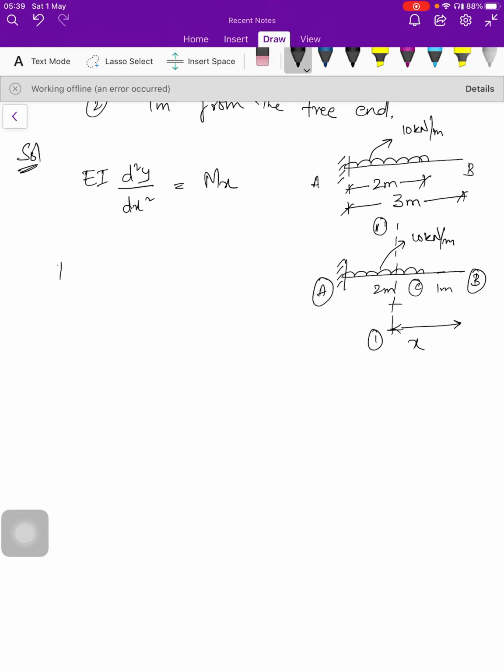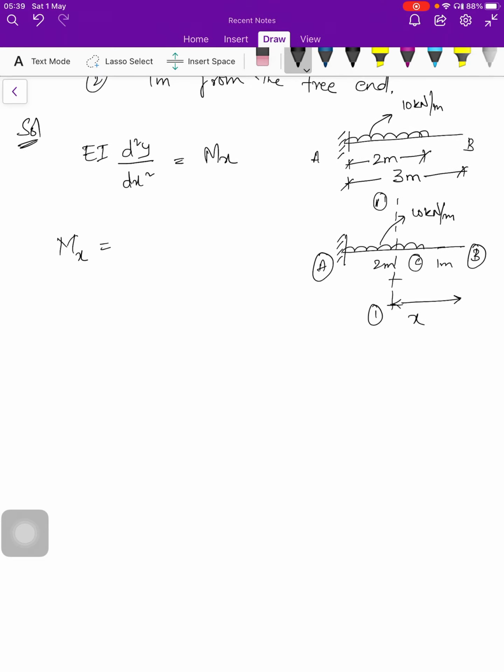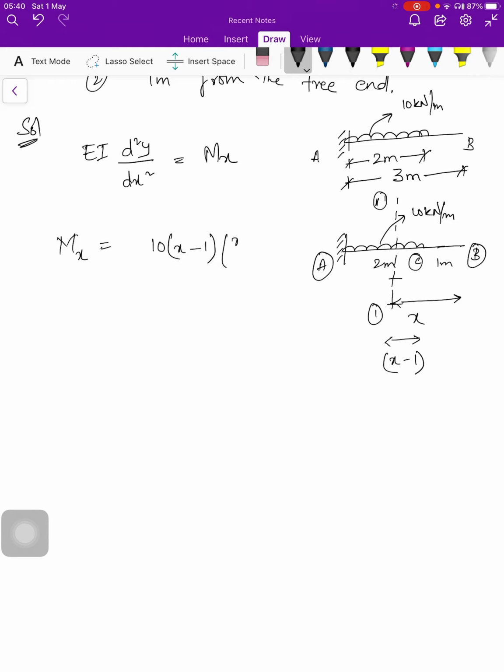Now I'll write the Mx equation here. What is the Mx equation? First, see what is the length of UDL beyond your section. The length of UDL beyond the section is x minus 1. Now the moment equation will be 10 into (x minus 1) into (x minus 1) by 2.